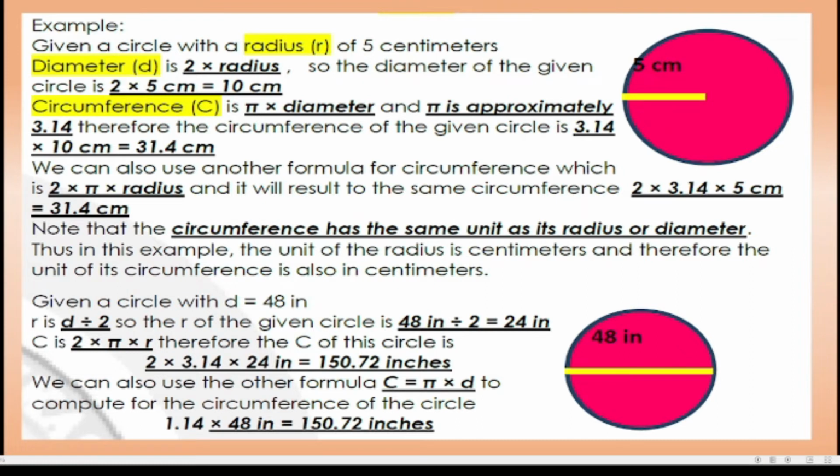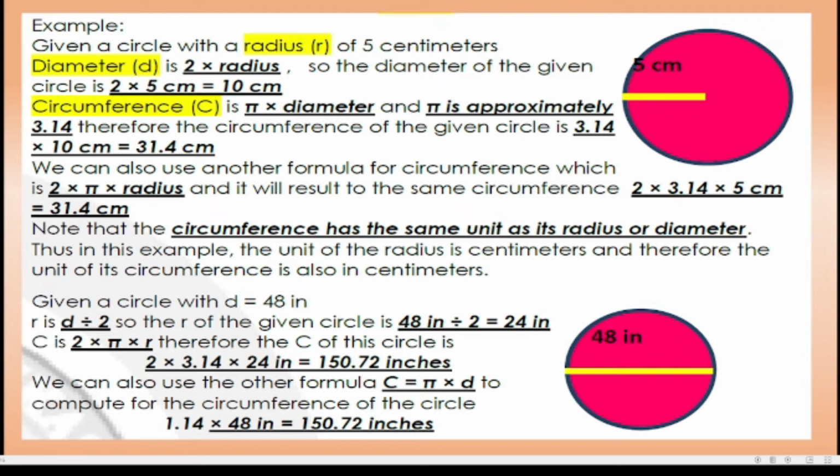We can also use another formula for circumference, which is 2 times pi times radius, and it will result to the same circumference. 2 times 3.14 times 5 centimeters is equal to 31.4 centimeters.